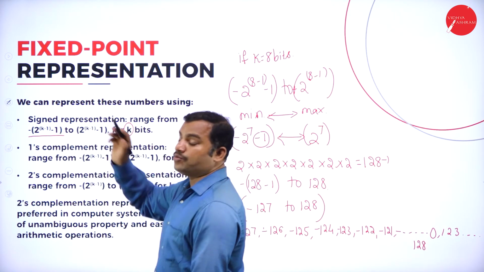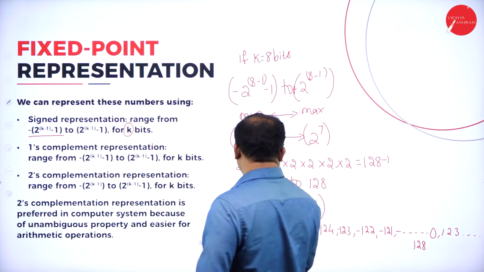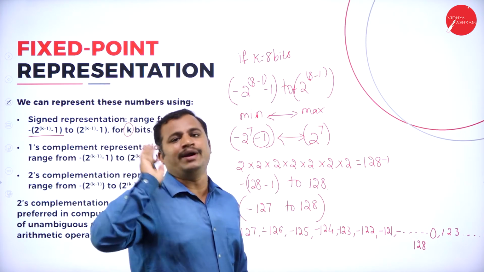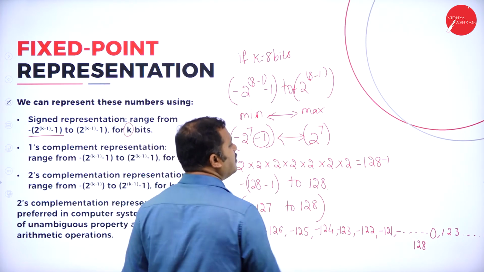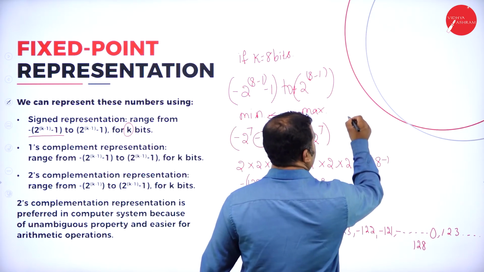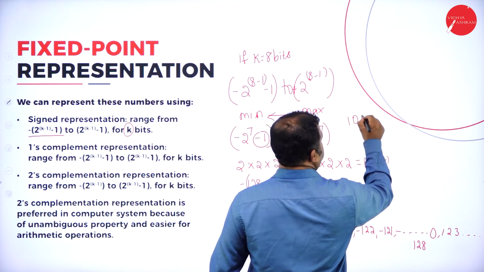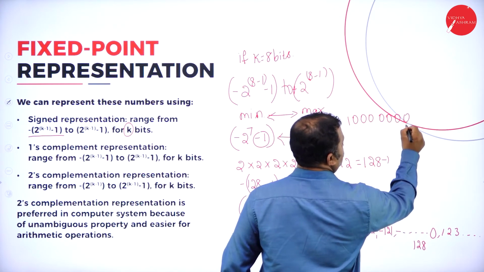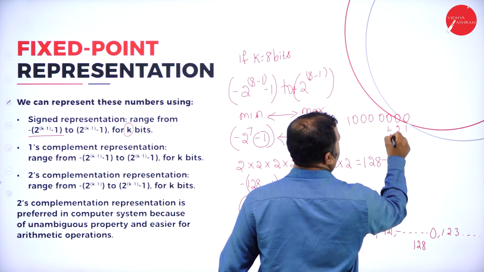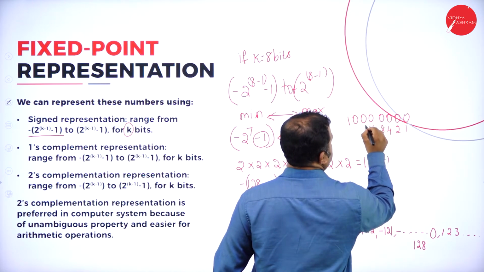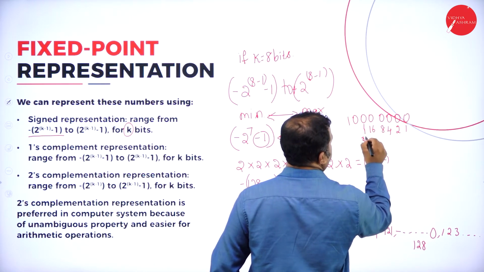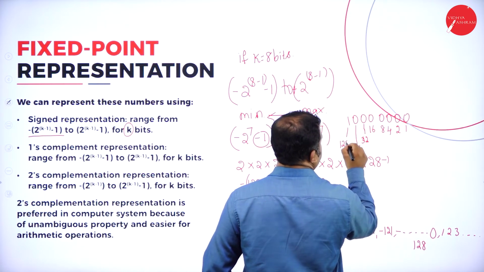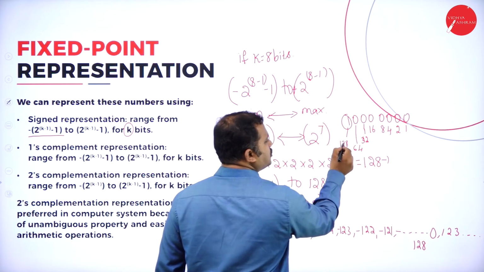For one's complement, what is the one's complement of a number? Take any number, say 128. What is the value of that? 128. The positions are 1, 2, 4, 8, 16, 32, 64, 128, so we have 1 in the position of 128.